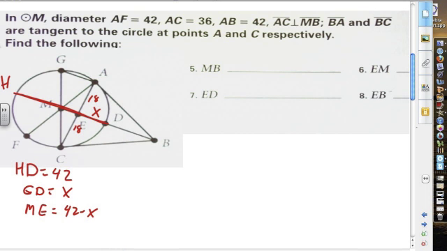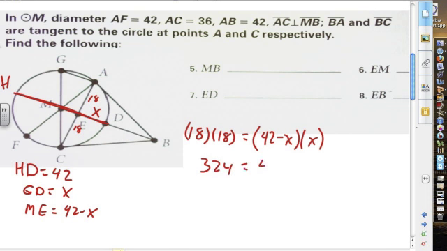Those were both 18s. And according to our rule, if I take 18 times 18, one chord's two products multiplied have to equal the other one: 42 minus X times X. So if I clean this up again, 18 times 18, I think it's 324. And on the other side, I get 42x minus x squared.